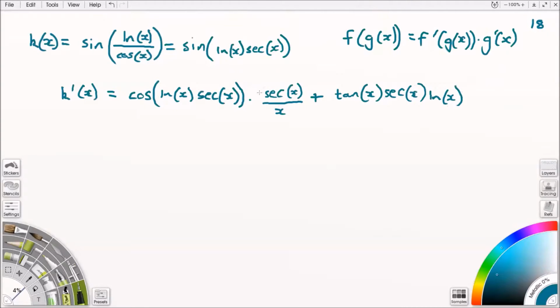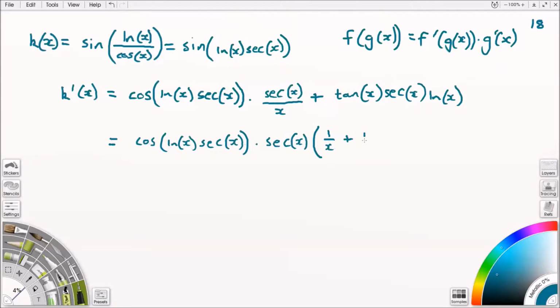And here we can now bring secant x out, because we have a common factor there, just to simplify it.